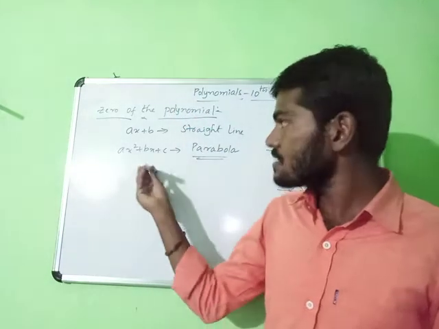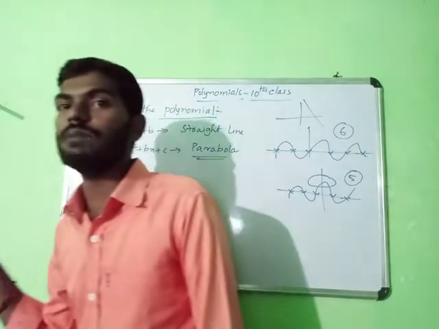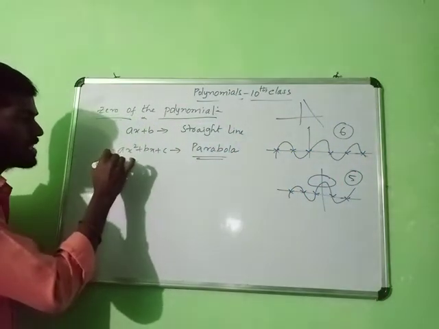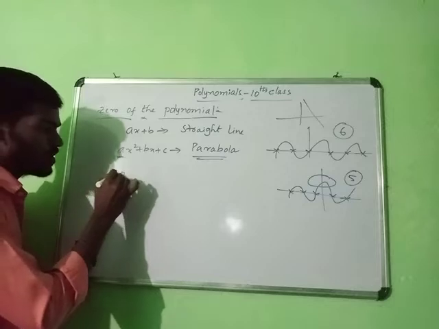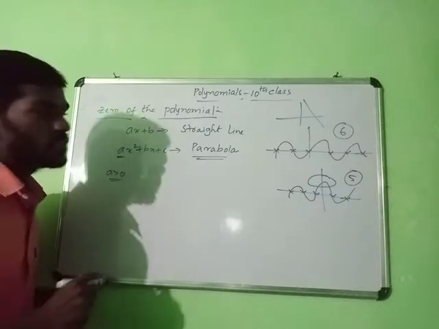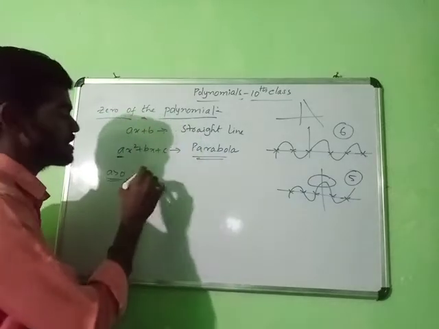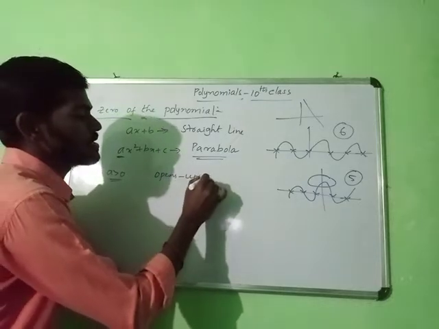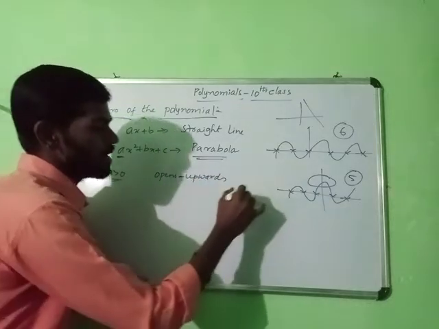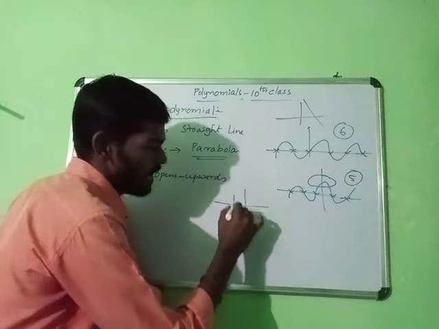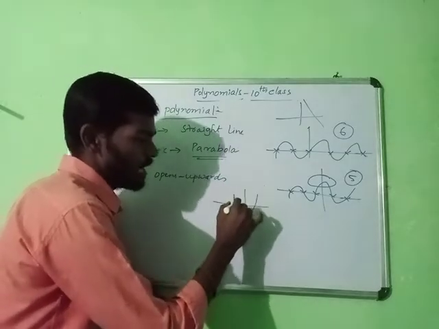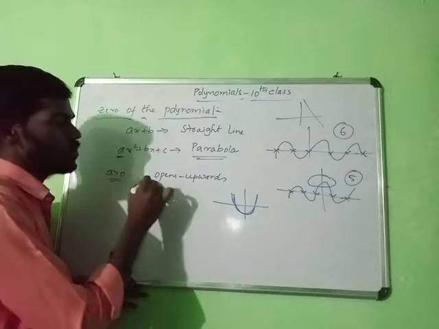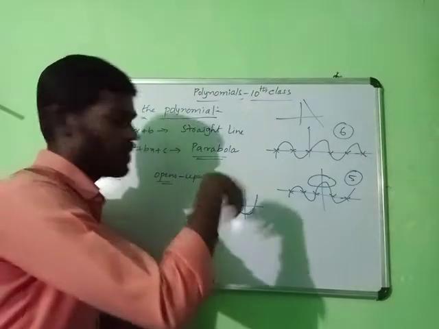Now in this method, there are two types. Parabola means here a is there. If a is greater than 0, the parabola opens upwards, like this. This is the shape of the parabola.